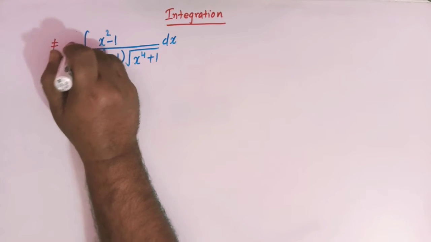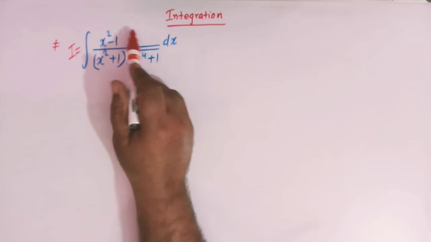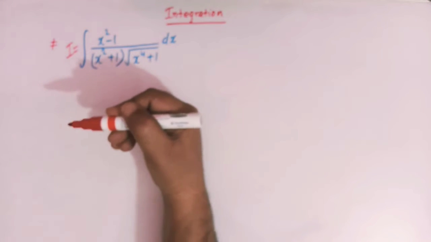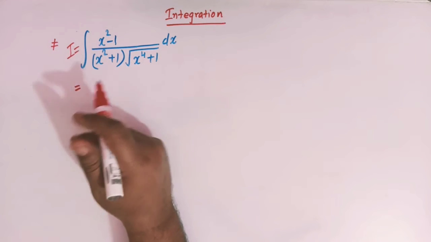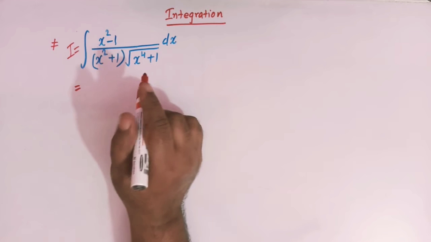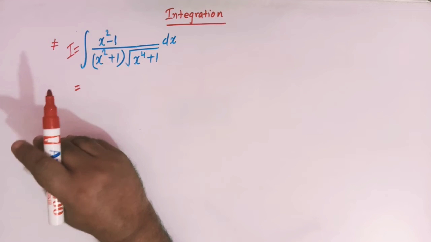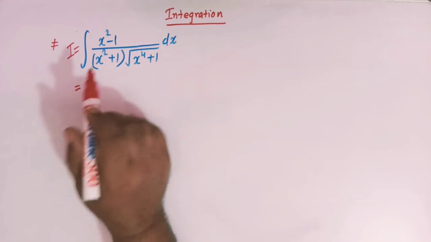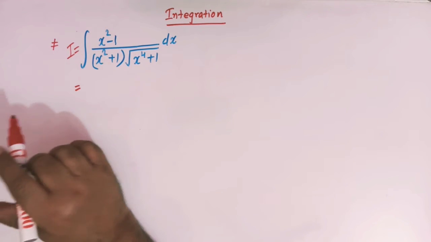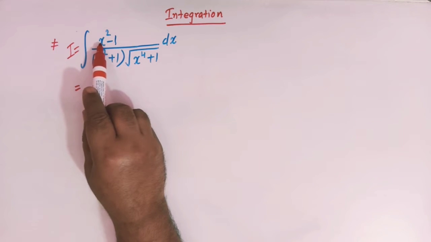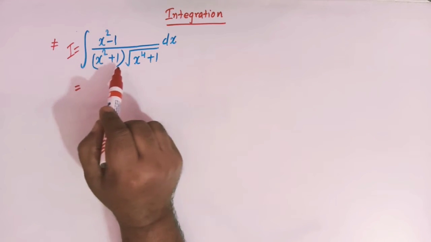In such types of integrals where we have a complex looking algebraic function as an integrand, we first try to observe the given integrand, and we try to take some terms common out of the numerator and the denominator. So here we'll try to take x square common in the numerator and x square common in the denominator, right?